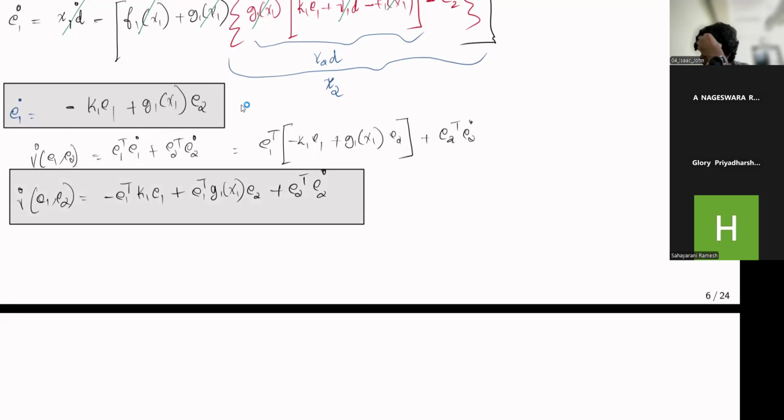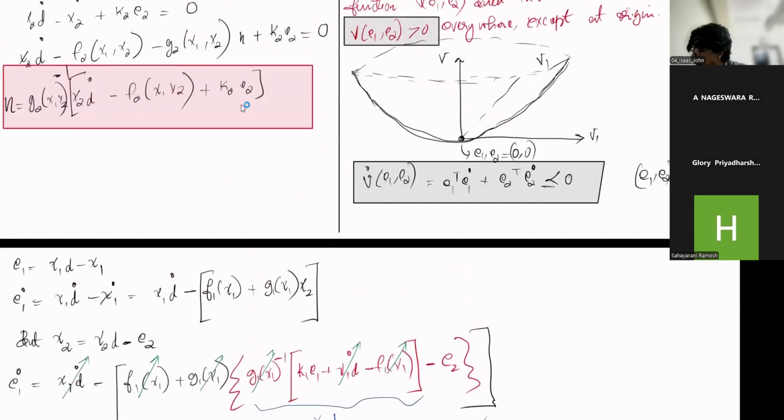Now one more step is we have to find out the expression for this E2 dot. Then we have to substitute this E2 dot into this equation. So our ultimate aim is to check whether this equation, V dot, is less than 0 everywhere. That is the condition for stability.